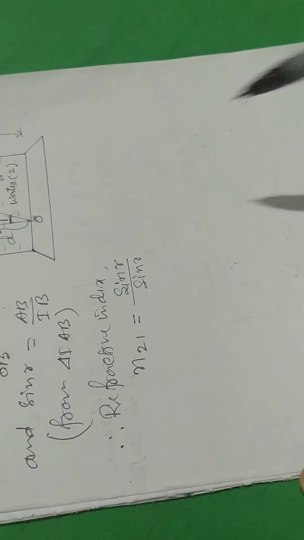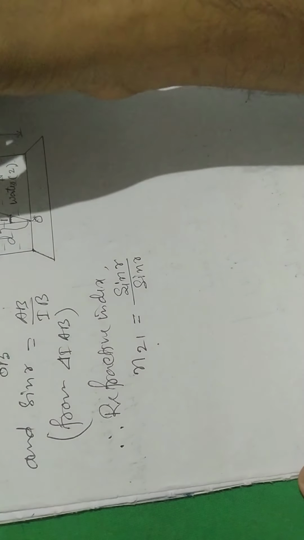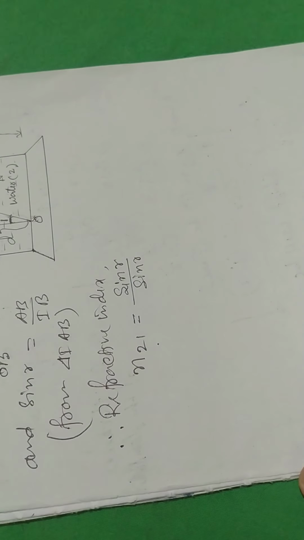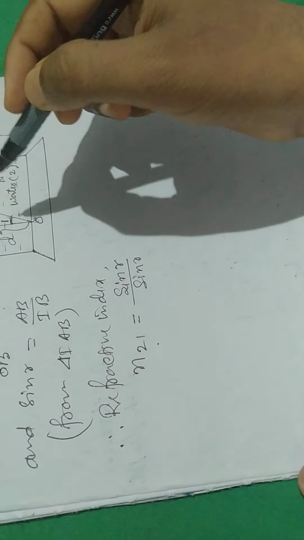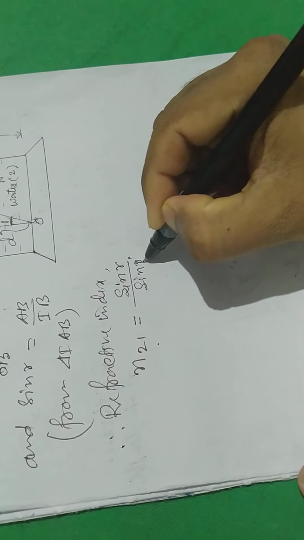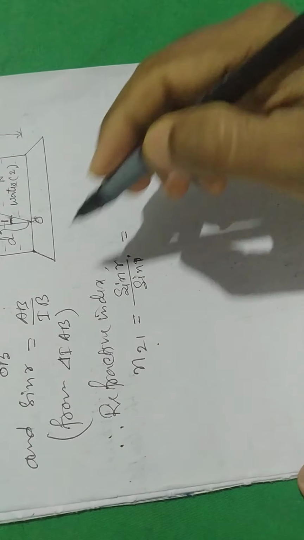Here we are writing the ray of light travels from rarer to denser, air to water, say. So that is why the angle of incidence will be r, and the angle of refraction will be i. Now we are putting the values.